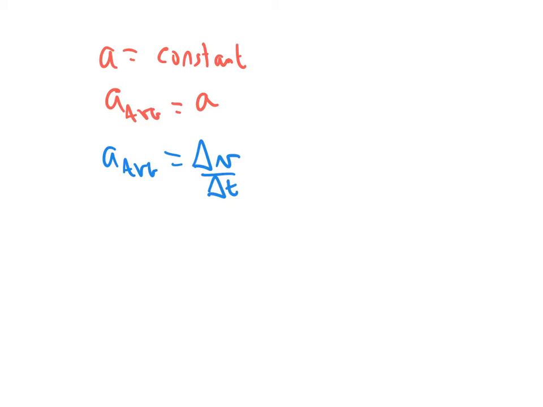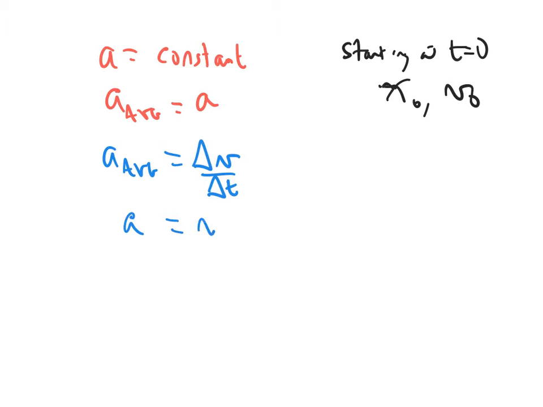So if we assume that we are starting at t equals 0, and we have measured x0 and v0 as the position and velocity at that time, then we can go back to here and say that our average acceleration is a, and our delta v is v minus v0, and our delta t is t minus 0.